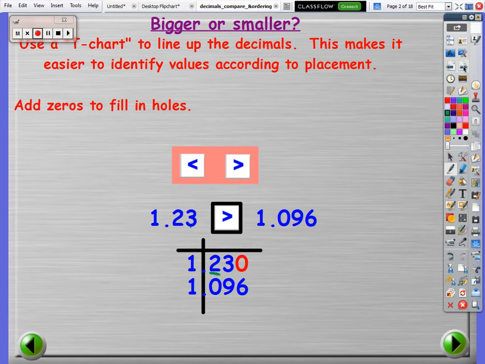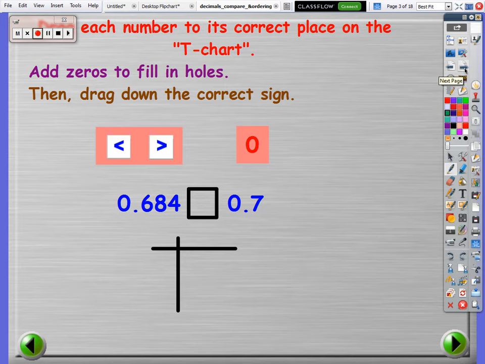Here's a problem for you to try. Once you're done with it, go ahead and start the video up again. So I'm going to add zeros to fill in the holes. First of all, I'm going to drag my numbers.